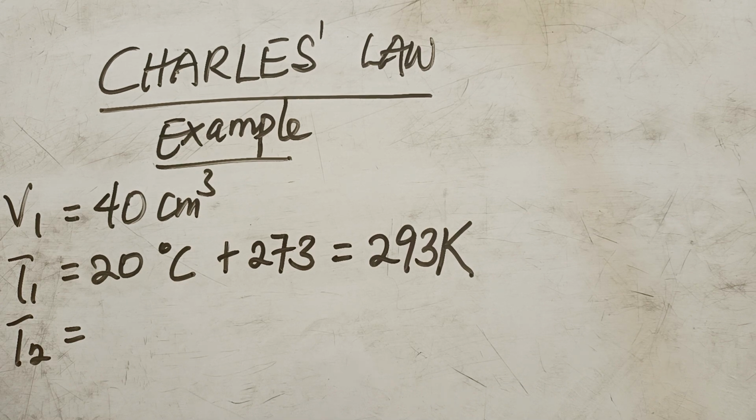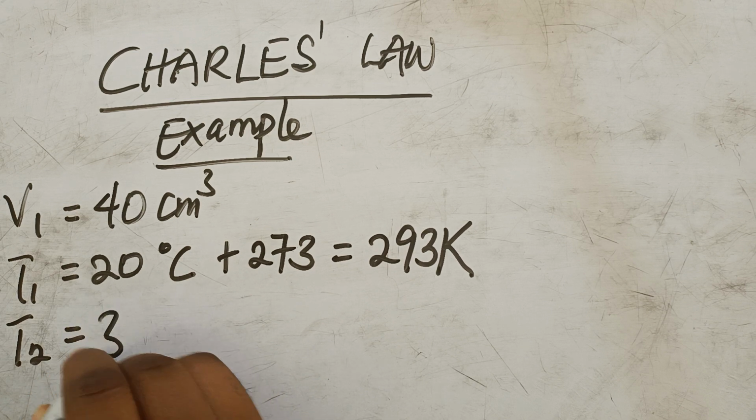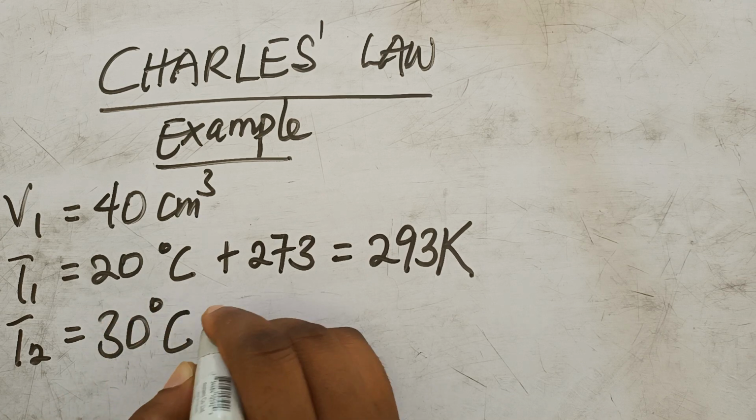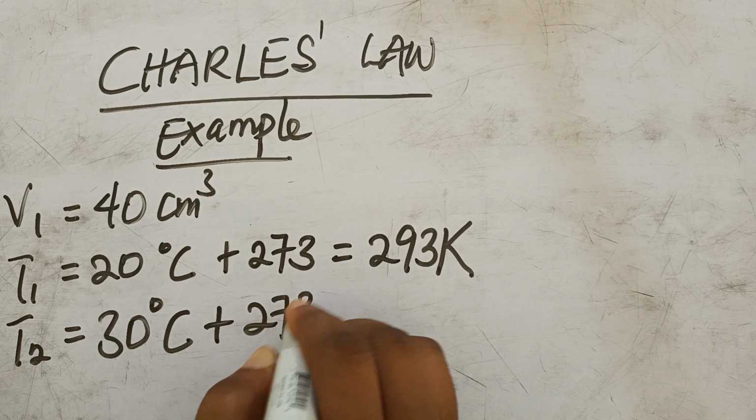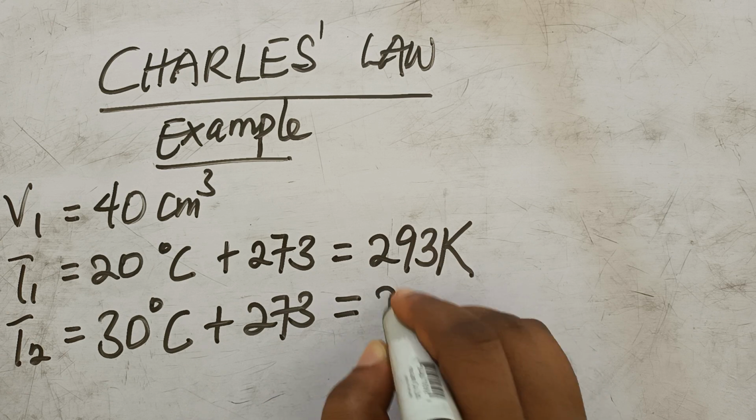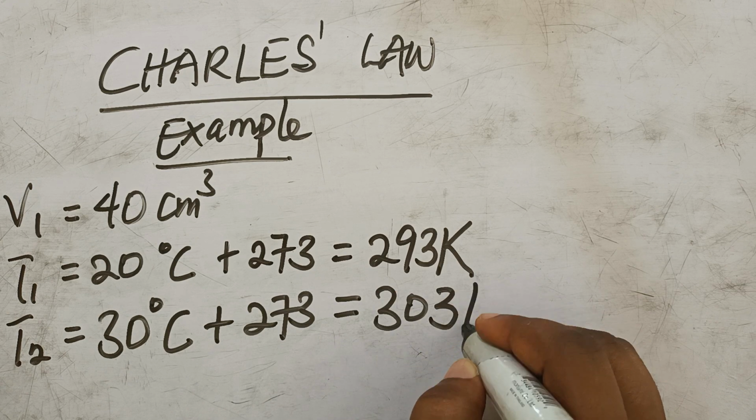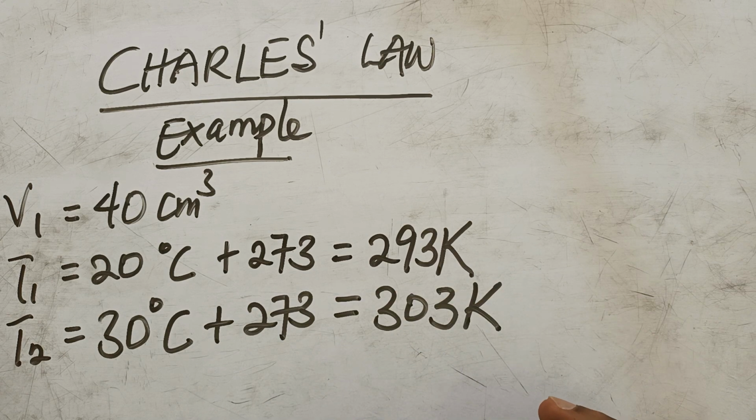To change the temperature to Kelvin, all you have to do is add 273. So the new temperature is 30 degrees Celsius plus 273, and that gives us a value of 303 Kelvin. Now that we have changed it, we apply our Charles's law.